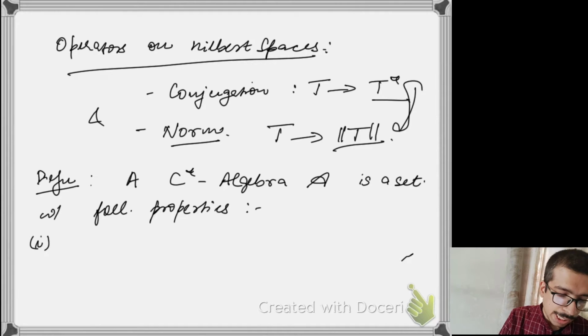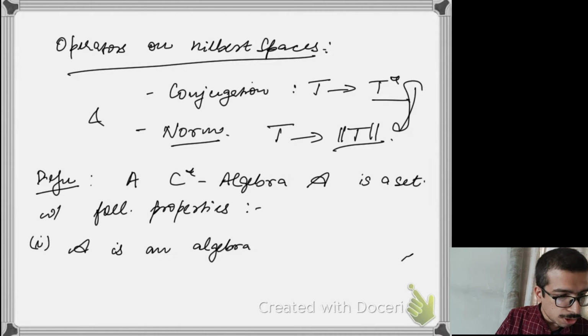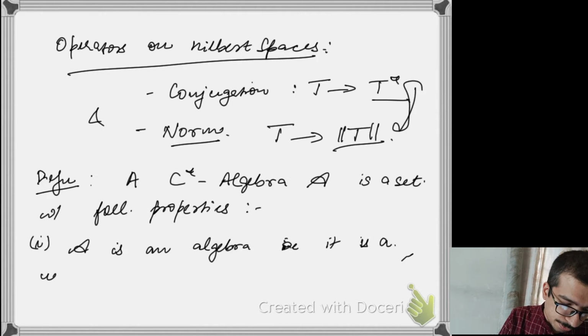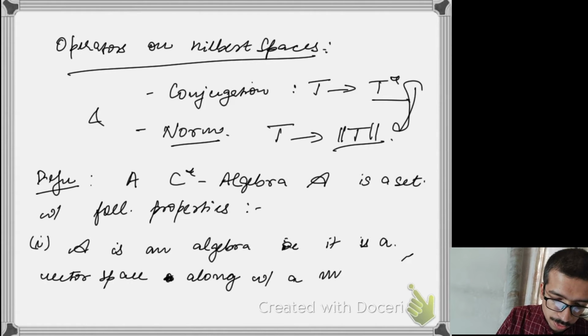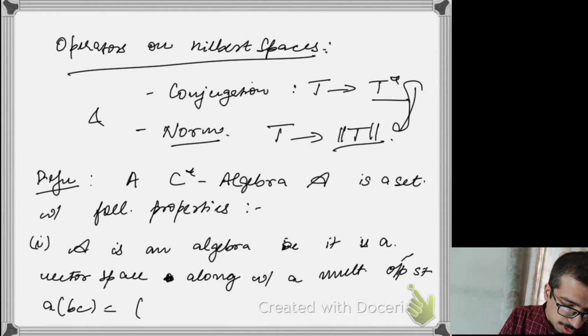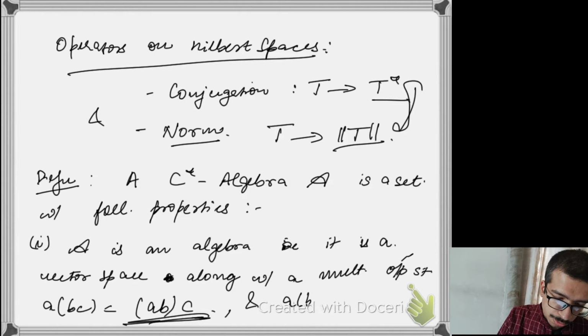Firstly, it is indeed an algebra, which means that it is a vector space along with the multiplication operation, such that the multiplication is associative, and also multiplication distributes over addition, and this distributivity must hold both ways, left and right.